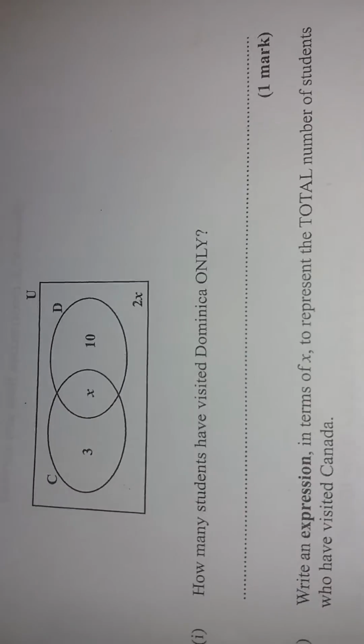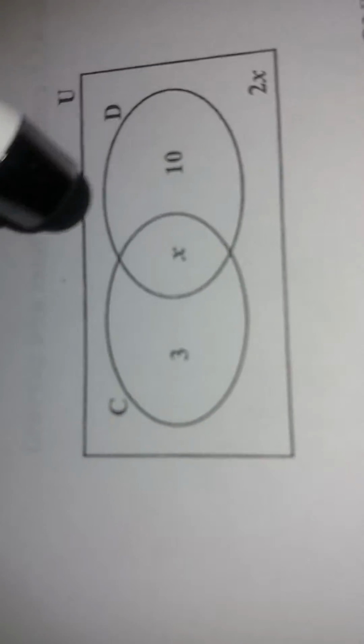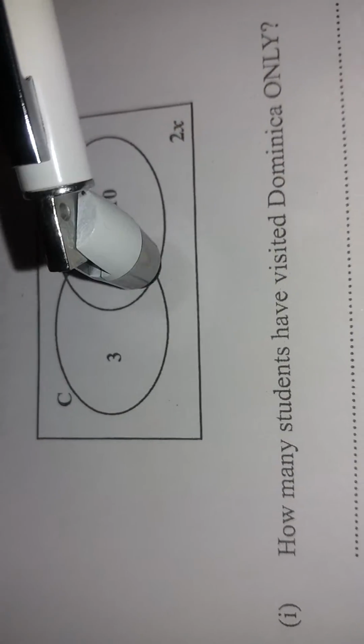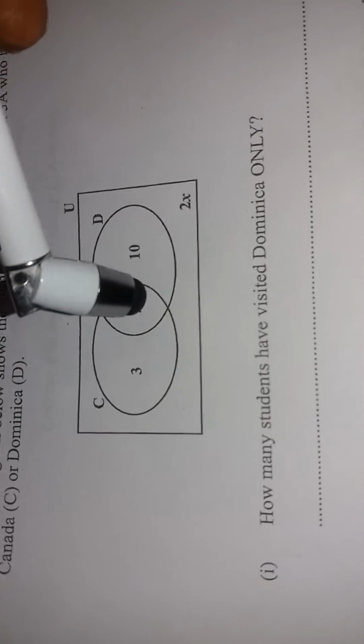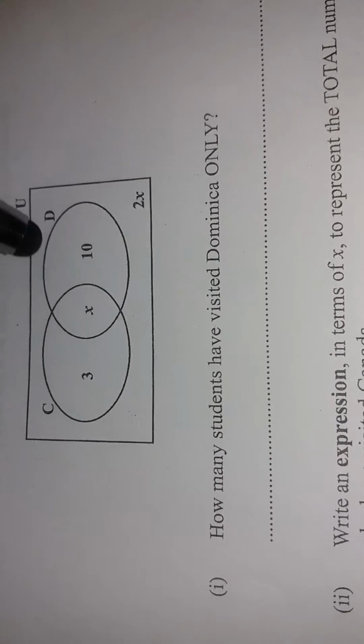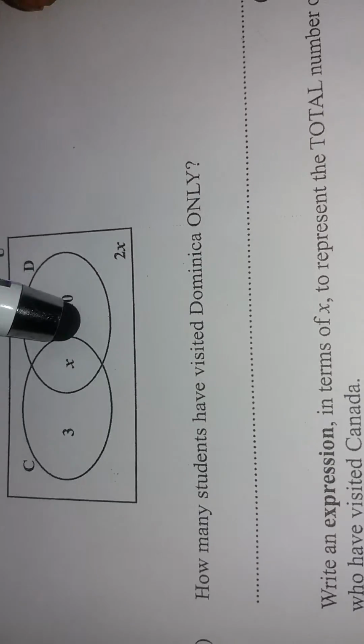Now, they said who have visited Canada. So this space here is the space that represents Canada. As we can see, 3 persons visited Canada only, while x persons not only visited Canada, but also visited Dominica. Nonetheless, they still visited Canada. So let's add that up algebraically, which gives us (3 + x).